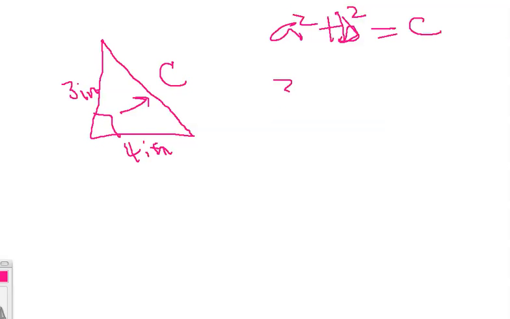If we have 3, we're going to substitute that for A, so 3 squared, plus B, which we'll substitute for 4. 4 squared equals C.